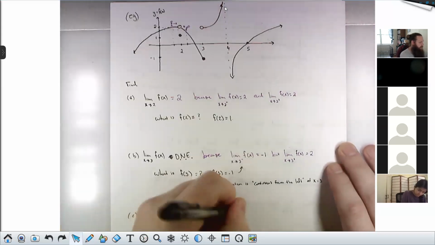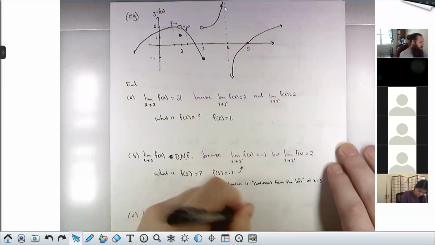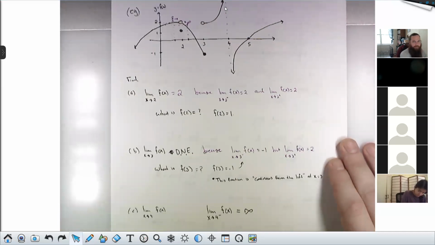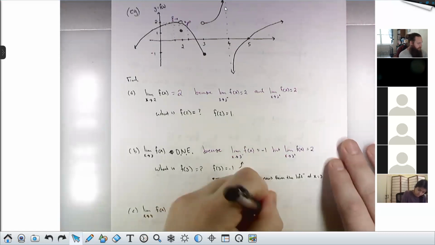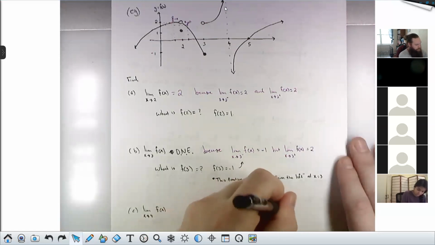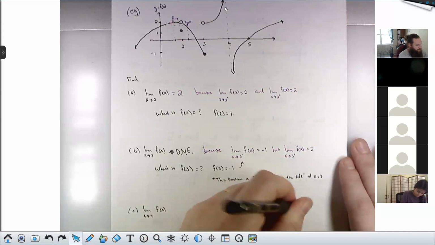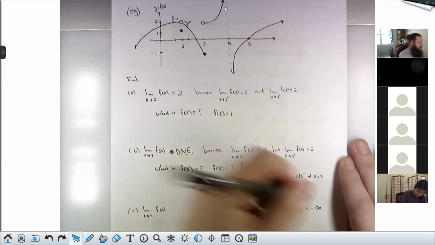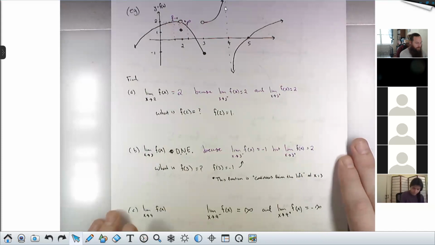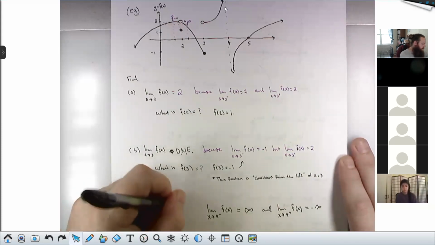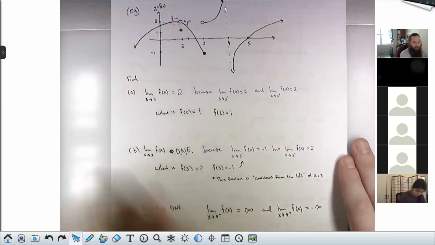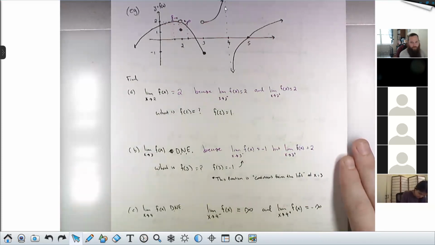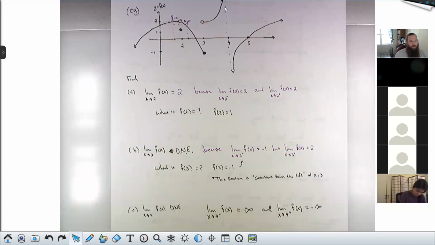We would call this positive infinity. And as x approaches 4 from the right, we're diving down. So I would say that is negative infinity. So here again, we would say that this limit does not exist, because negative infinity and positive infinity certainly aren't the same thing. Not on the real line, at least.